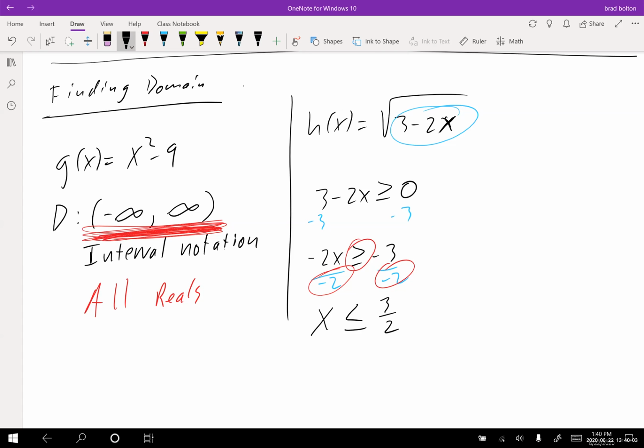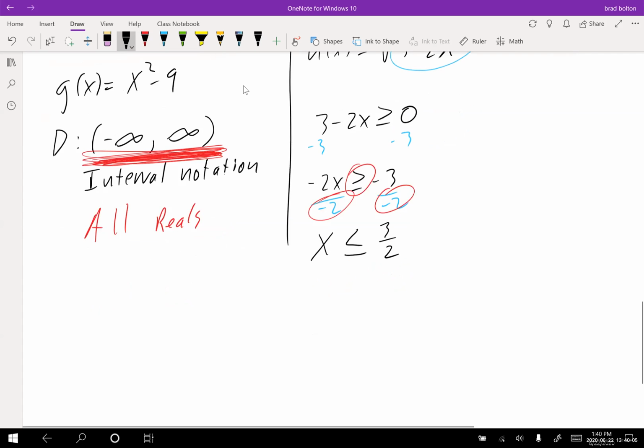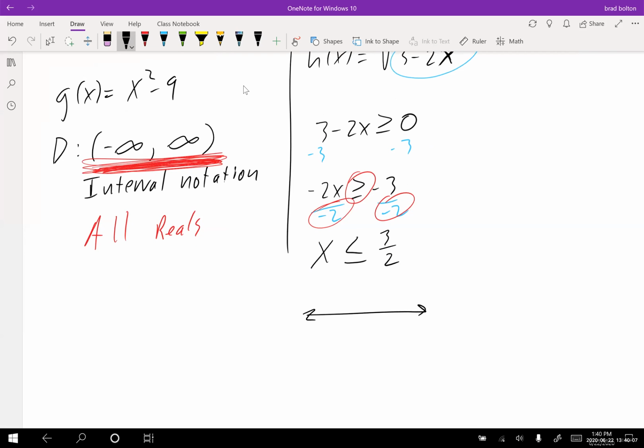So then when I want to write this, I just draw my little number line just to see it. And I say, well, here's 3 over 2, and it says to shade this direction. So you use a bracket. You use a bracket when you have or equal to; if it's just less than or greater than, you use parentheses. So I'm going to use a bracket right here, okay?